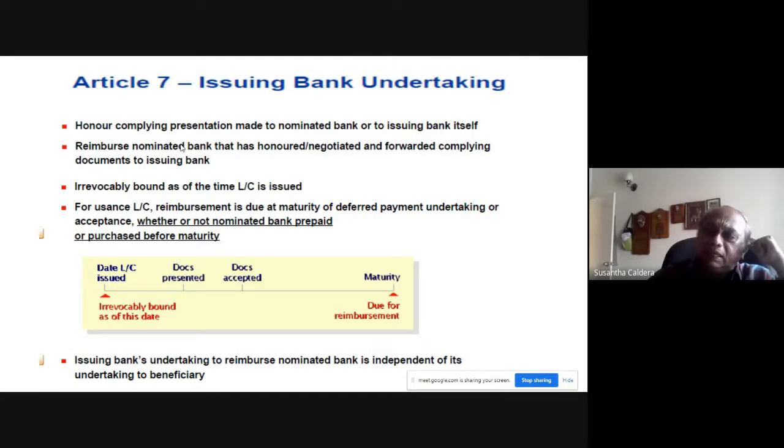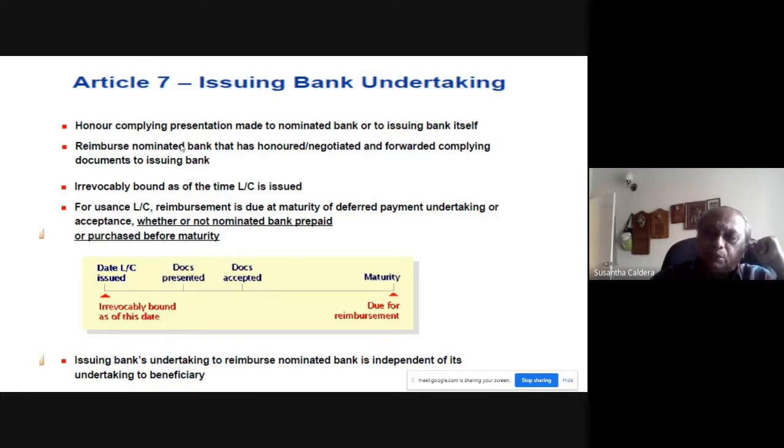Why do we do this? Once we have accepted the draft, the customer on the other end can get the draft discounted from the negotiating bank. That's what we do now.